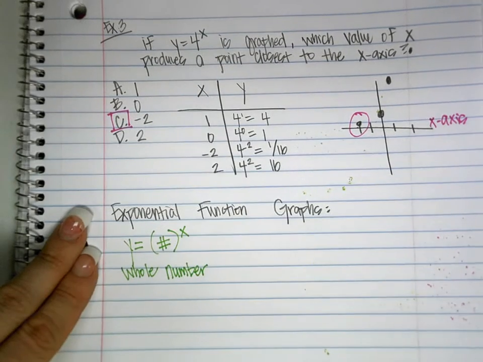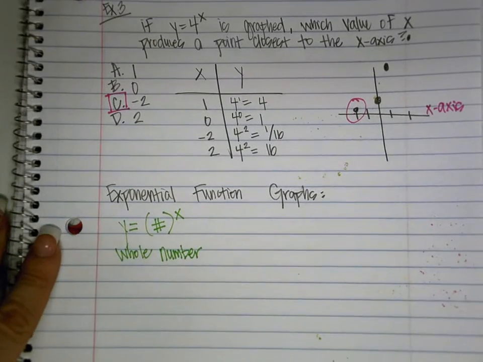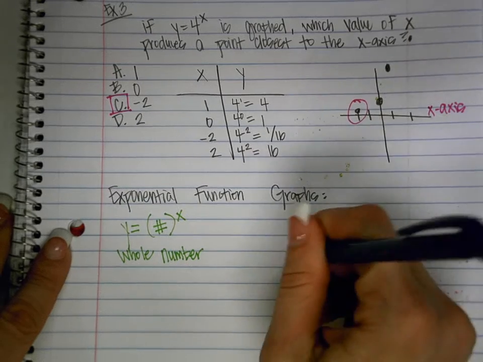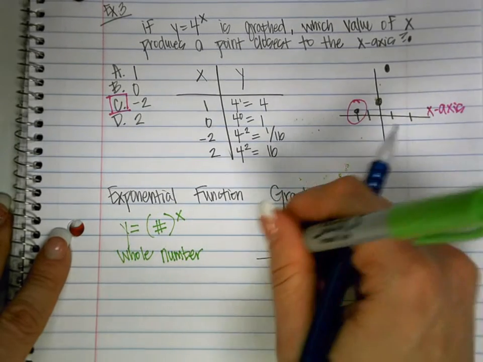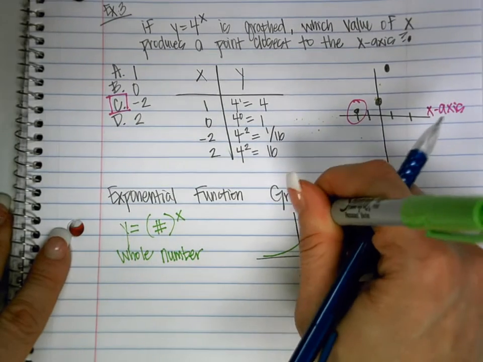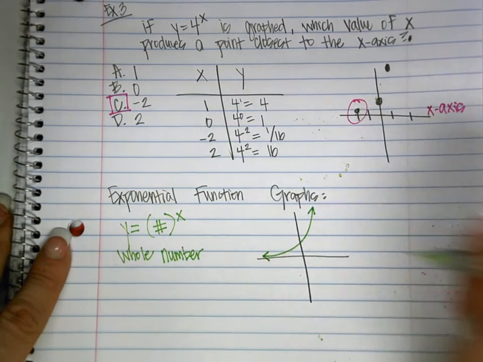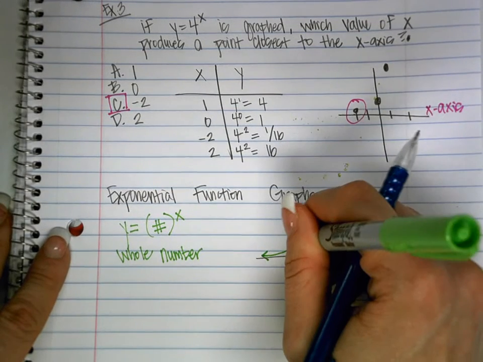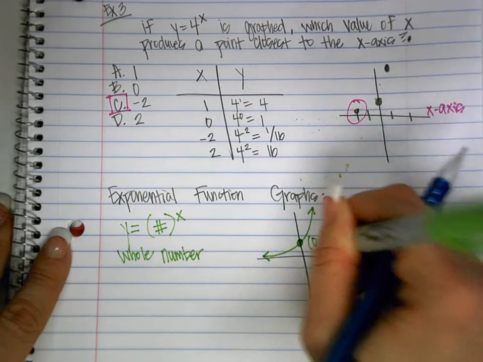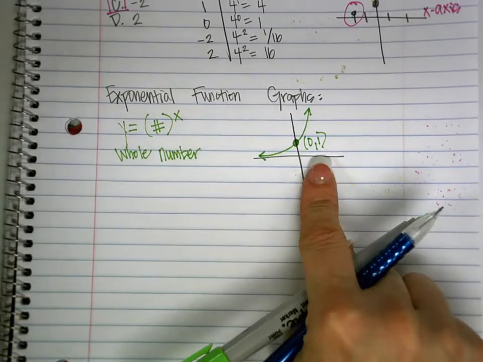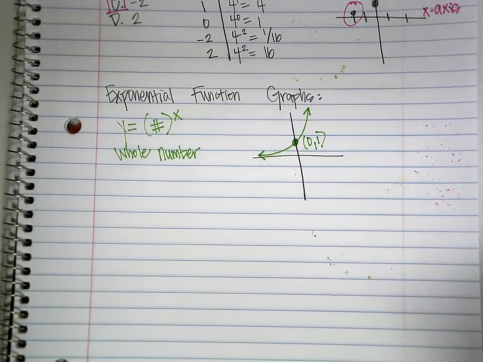Anytime you have y equals a whole number to the x, your equation is always going to be an exponential growth graph. It will always touch 0, 1, and it is always going to be exponentially growing.